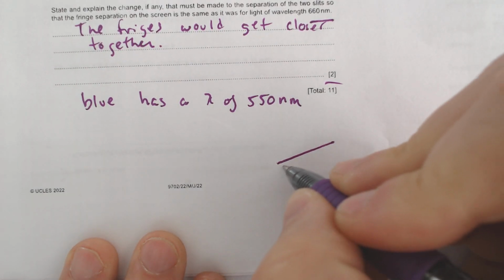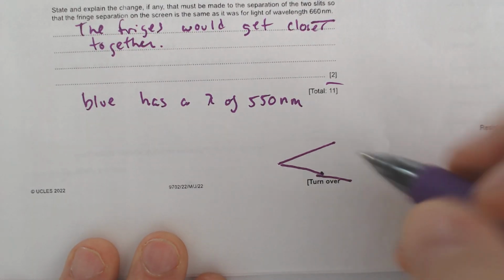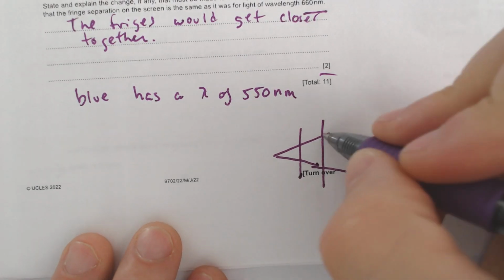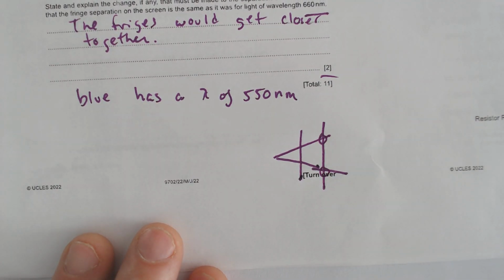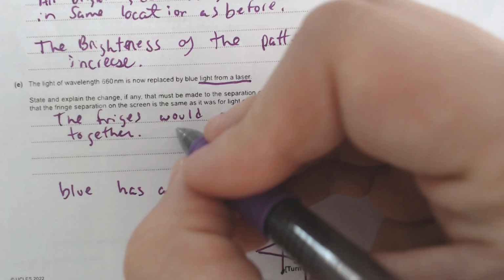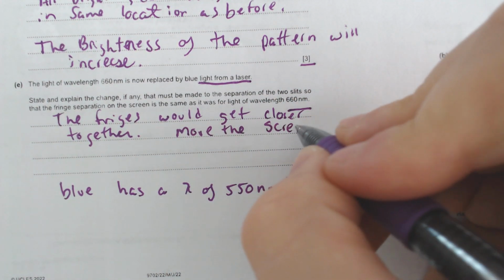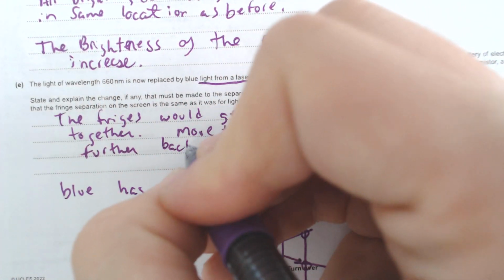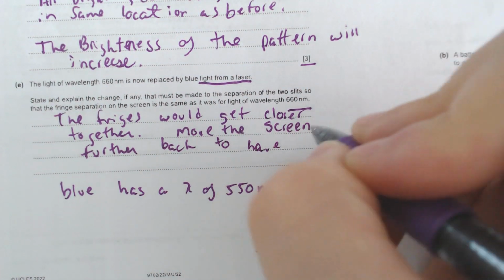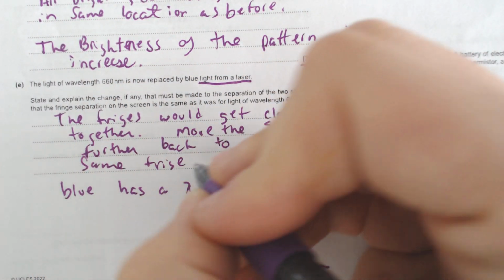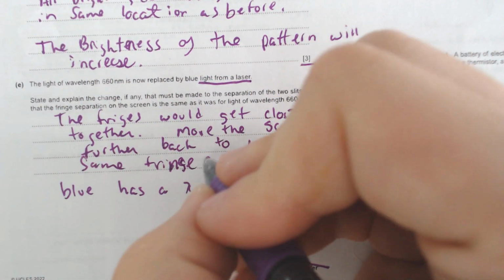If they're spread out very little and your screen is currently here, if you move the screen further back, notice how the fringes go further apart. So we would move the L, or the screen, further back to have the same fringe separation pattern.